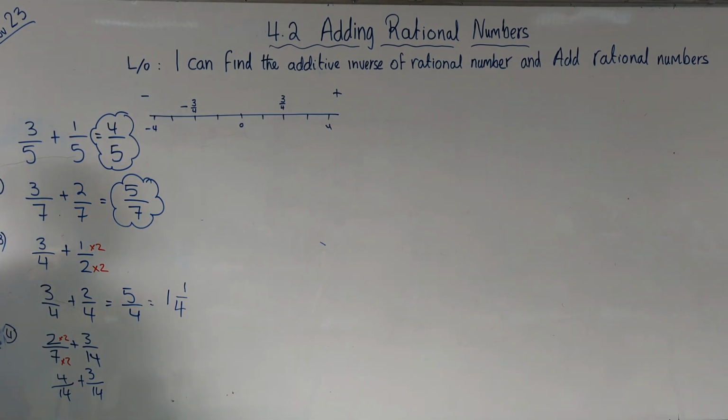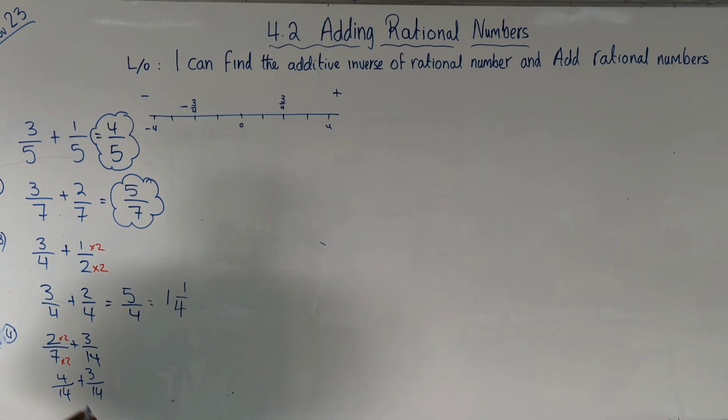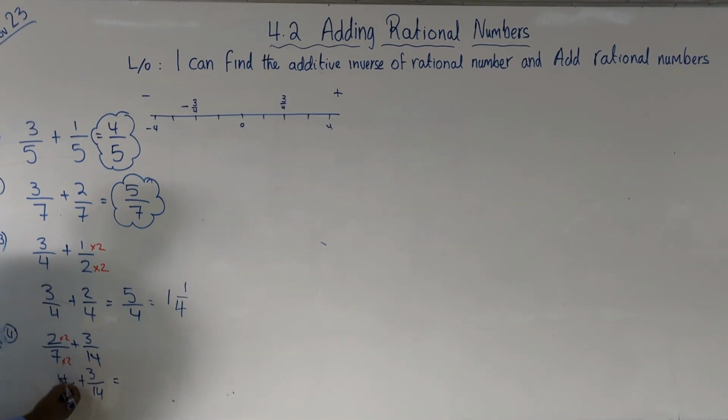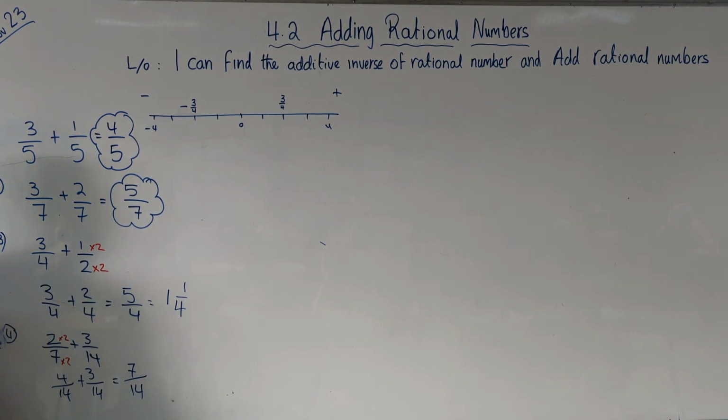Now I am allowed to add the numerators if my denominators are the same. So what is 4 plus 3? 7, right? And then divide by how much? 14, because they are the same.